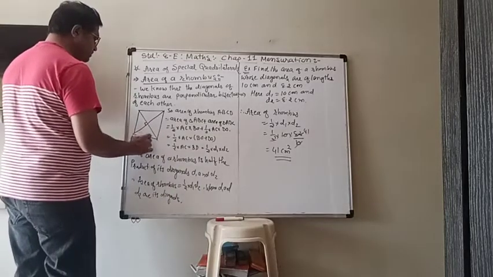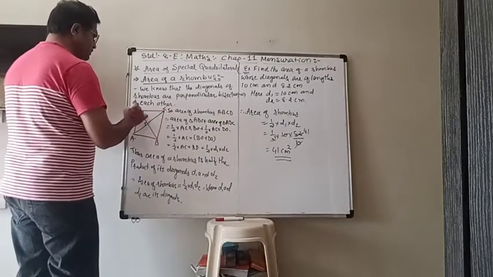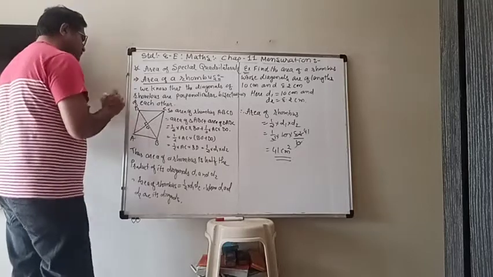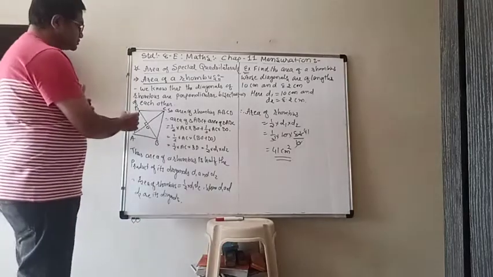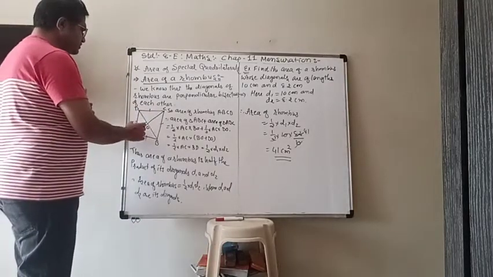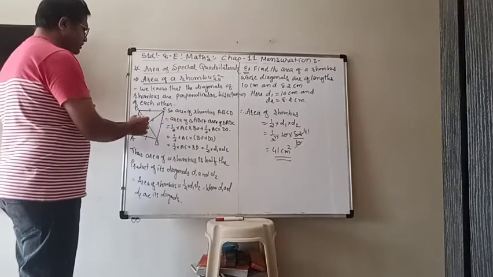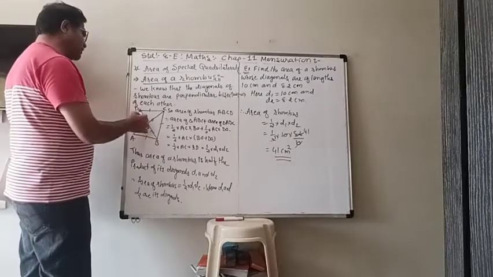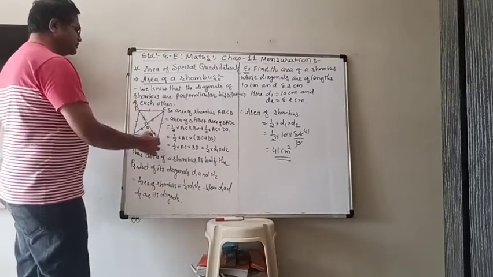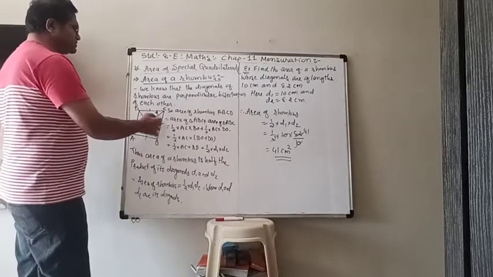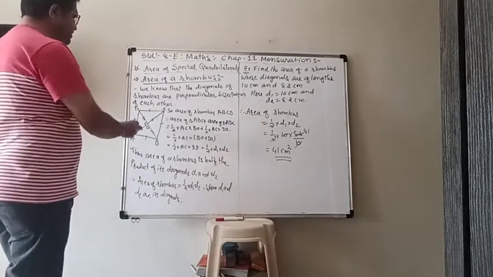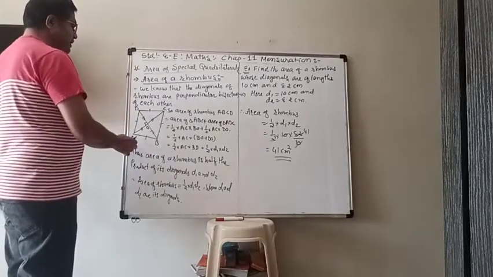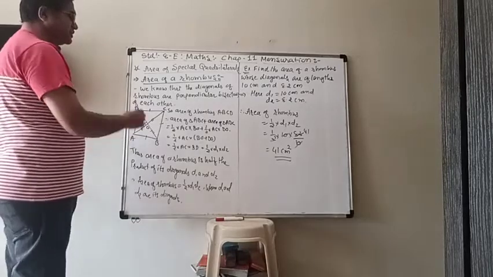So if you take O as the point, then you will see that those two sides and those two sides will be equal. If you consider one of the diagonals, then the rhombus is divided into two triangles, say triangle ABC and triangle ADC.